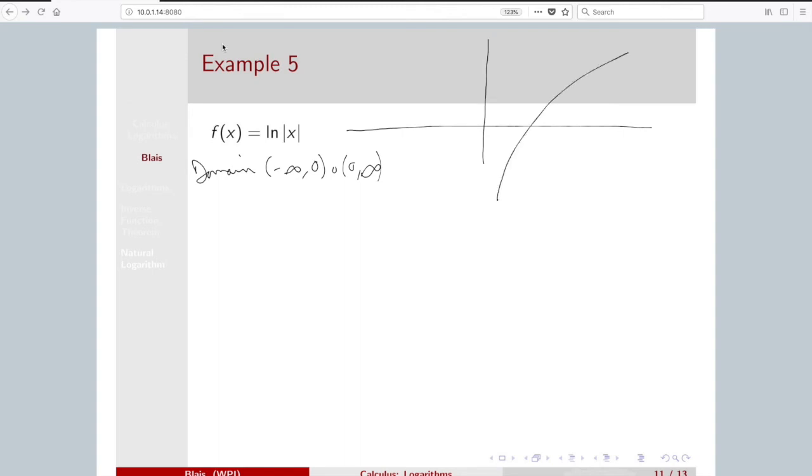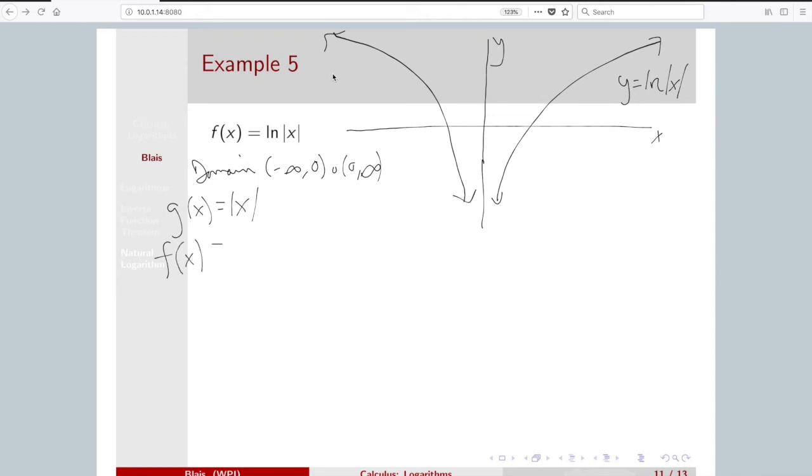So on the right, we have just natural log of x, but on the left, we have the mirror image. To do this, let's give that absolute value function a name, g of x, in which case then f of x is equal to natural log of g of x.